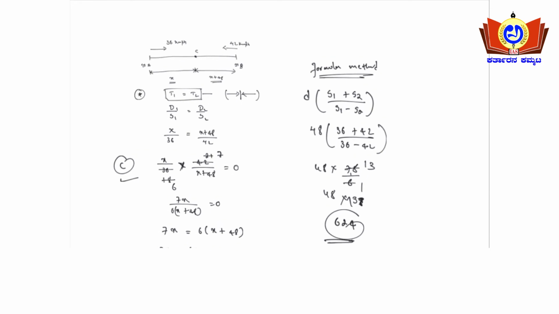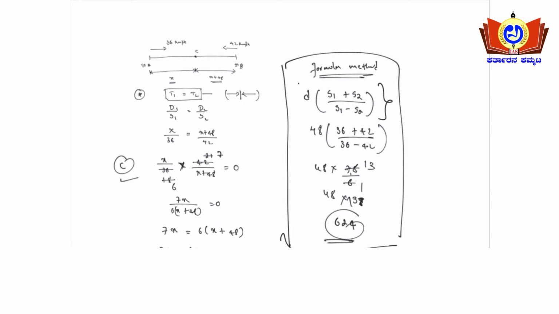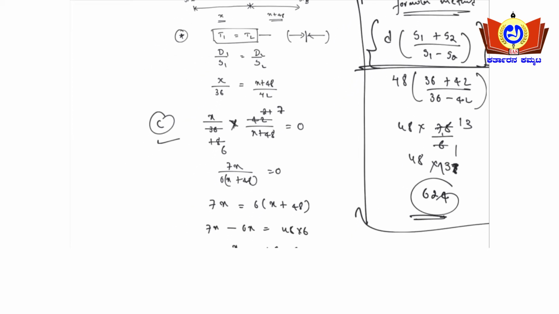This is the formula method. The very important thing is you need to know the substitution in the formula method. First get a hold of the traditional method, then only you will understand how the formula method works.